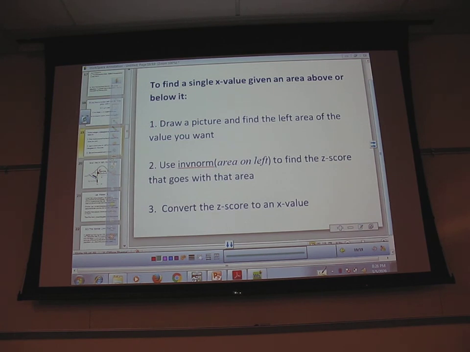Step 1, draw a picture and find the left area of the value you want. Step 2, use inverse norm. Inverse norm, yep. Left. So it's right here in your notes if you didn't have them in there. And then 3? Okay, convert the z-score to x value. Good.